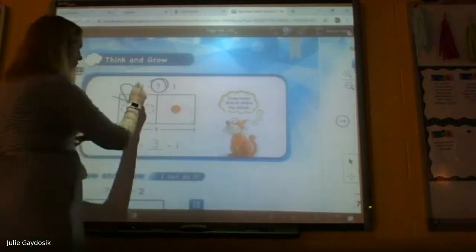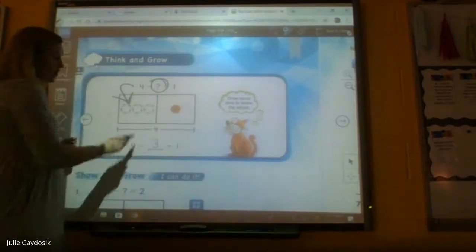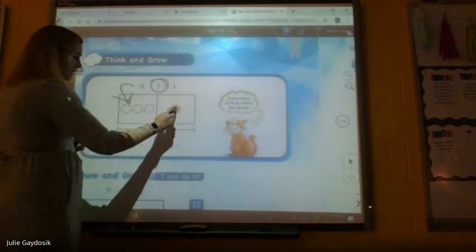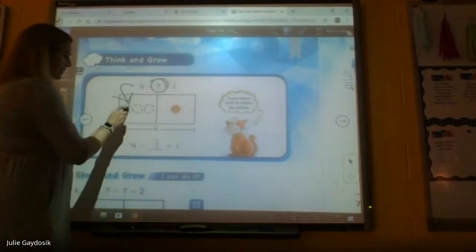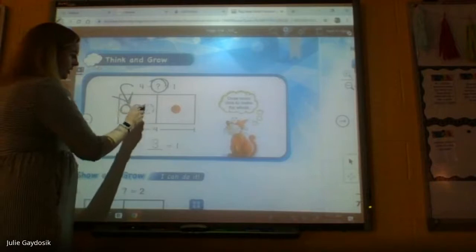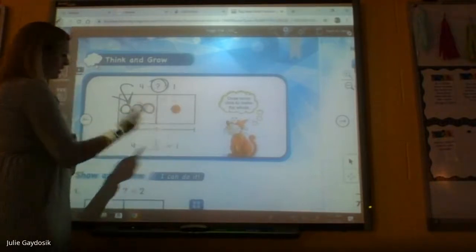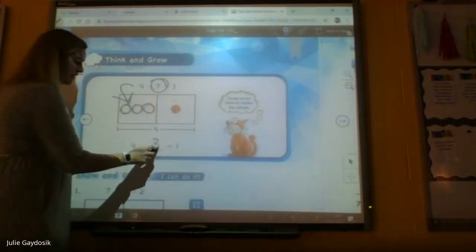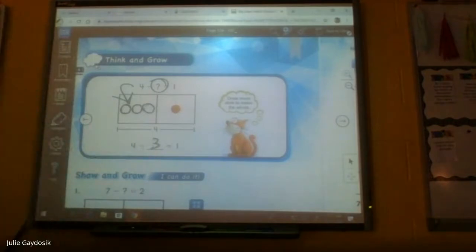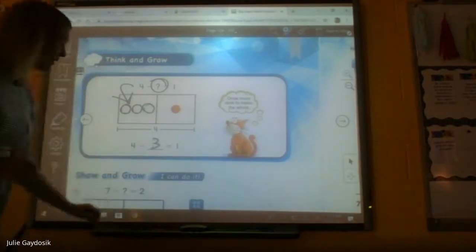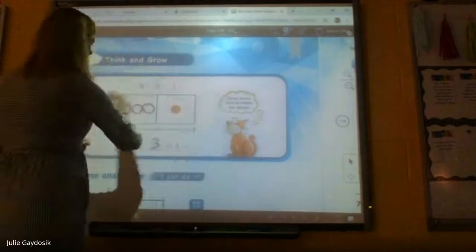So this said 4 minus unknown equals 1. 4 was the total. 1 goes here. And then you figure out that this is 1, 2, 3, 4 equals the total number. So 4 minus 3 equals 1. I apologize.